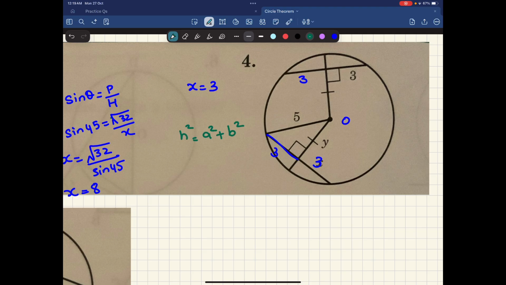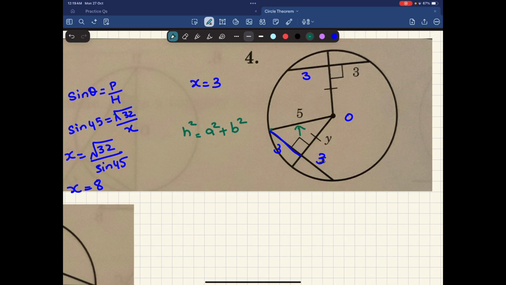So which is the longest side? It is 5. So 5 square is equal to 3 square plus y square. So y square is equal to 5 square minus 3 square, which is 25 minus 9. So y square is going to be 16.